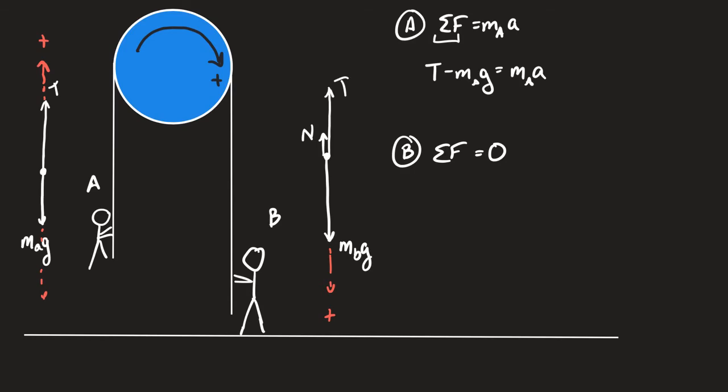Person B has three forces acting upon them. Their weight is downwards. I'm making that positive. Minus their normal force, minus the tension, because those are upwards. They are negative. Yes. It says in the problem that they lose contact with the floor. I'm not done yet. Set that equal to 0.